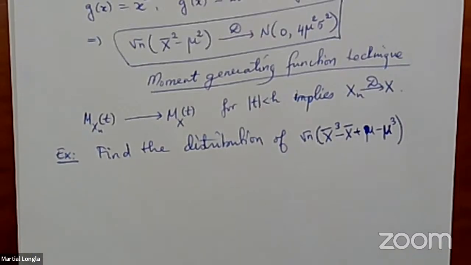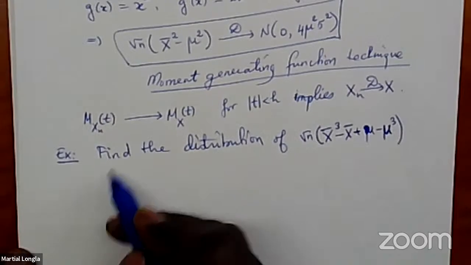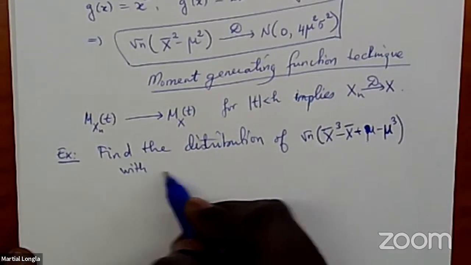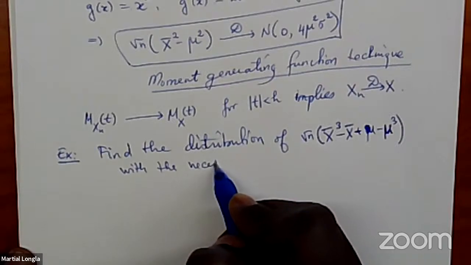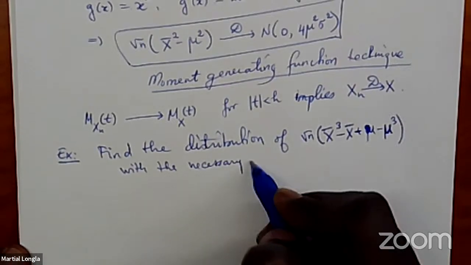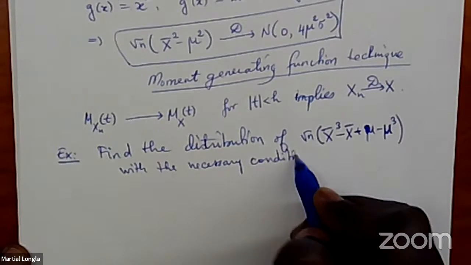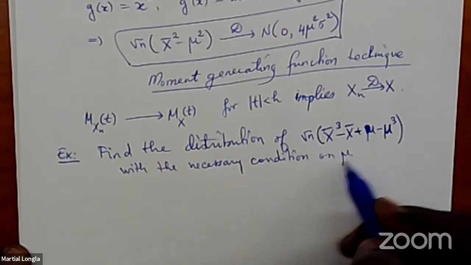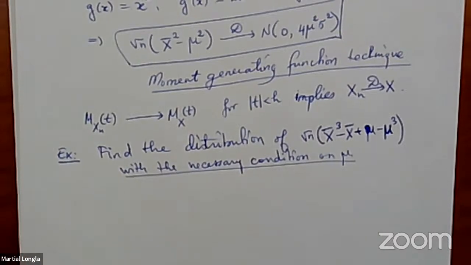All right, I give you 2 minutes to write this down. So find the distribution of this, stating a sufficient condition on mu.